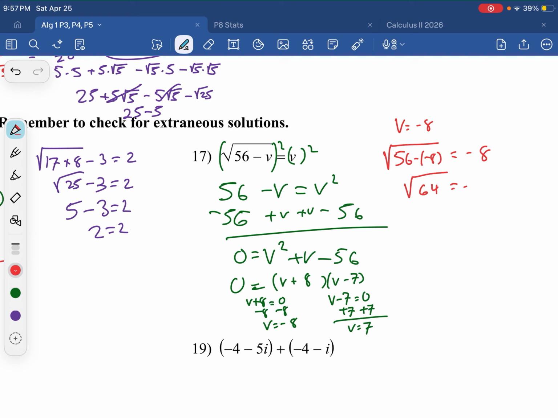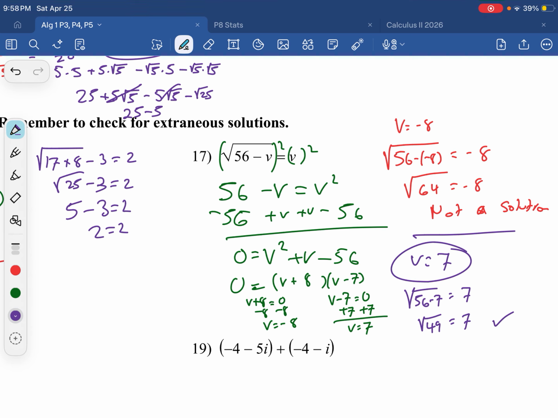Square root of 64 equals negative 8. They're going to say that this is not a solution. Although in the next chapter we'll talk about when we could take the square root and look at both cases where it could be positive or negative. But they will say that when v equals 7, I get the square root of 56 minus 7 equals 7. The square root of 49 equals 7. And this checks out. So our solution is v equals 7.